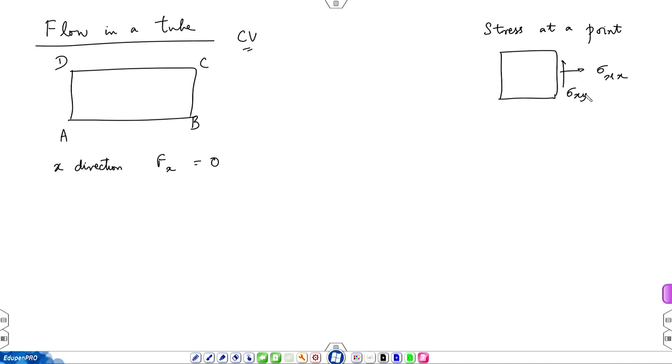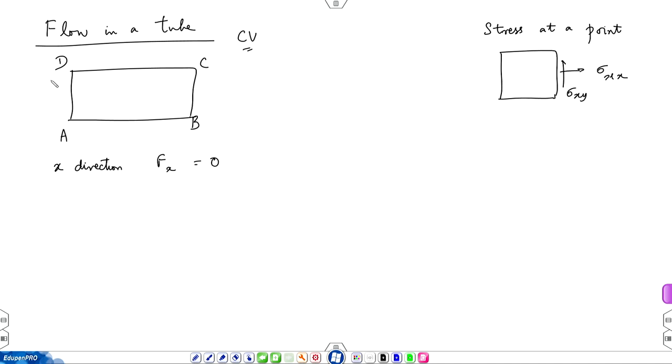And on every face, let us say AD, there will be normal stresses and shear stresses. Similarly, on CD, normal and shear stresses. Now, since we are talking about the x direction, the shear stresses acting on AD will be in the vertical direction.